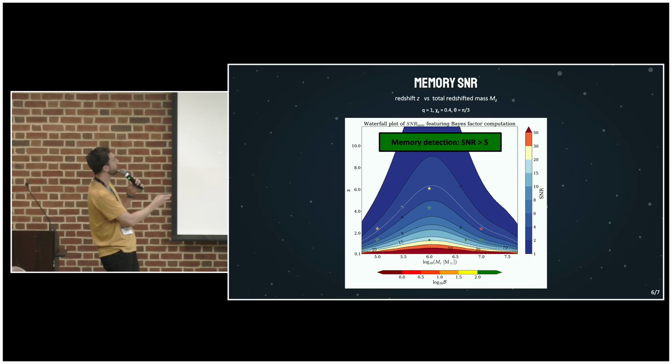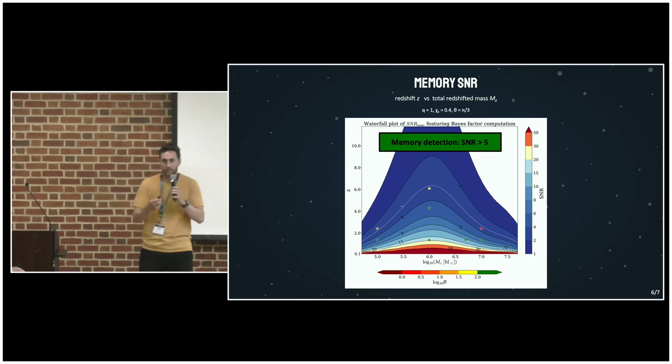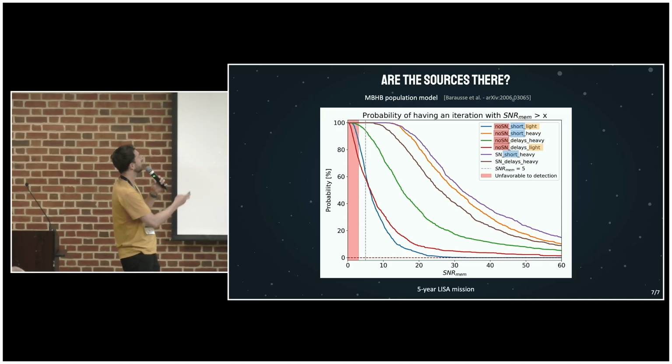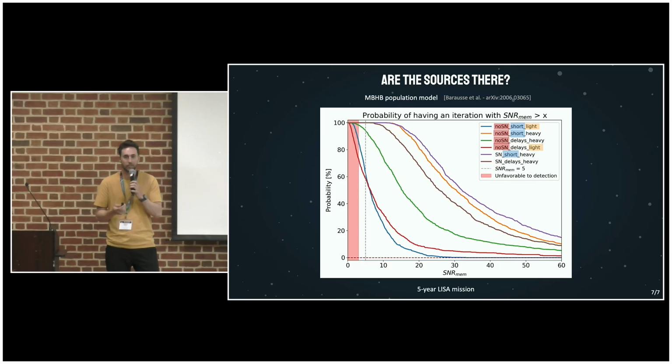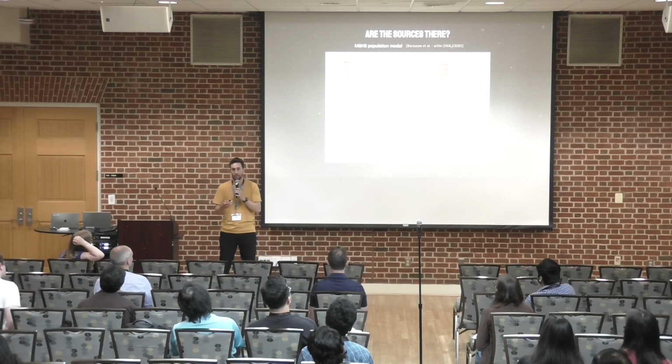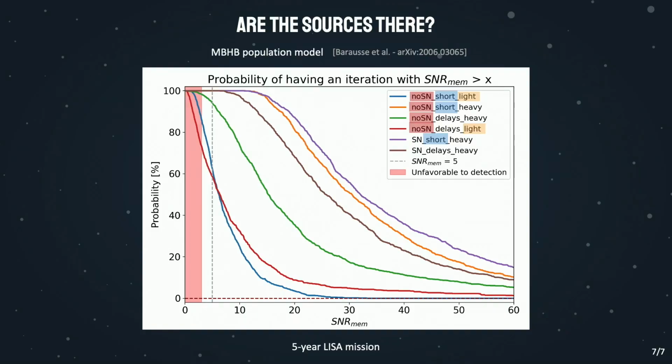And you see that for this specific set of parameters, which is actually an average inclination angle, we can already measure memory up to redshift of 4, which is quite a long range. I think the main message here is that even if we look at the actual population models for these massive black hole binaries, for many models, especially the heavy seed ones, we get a high probability of having an iteration where we would detect memory with quite high SNR.